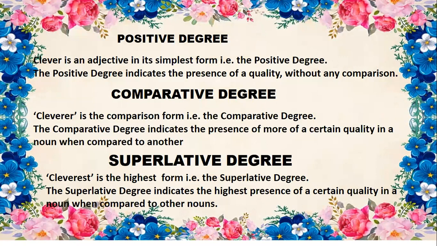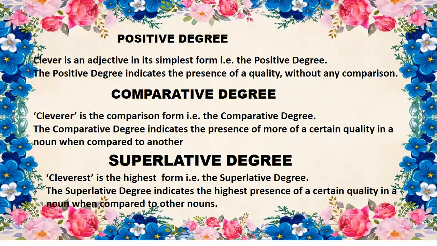So positive degree. What is positive degree? Clever is an adjective in its simplest form, that is the positive degree. The positive degree indicates the presence of a quality without any comparison. Now we are talking about Sunil. Comparative degree.